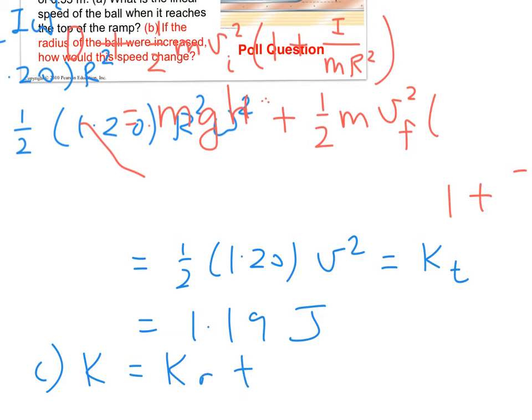They'll tell you it's 2/5 m r squared. So essentially, if you put this in, this factor becomes 2/5 m r squared over m r squared. You will get 2/5, and that is the same for both sides of the equation. So you end up with 1/2 m v initial squared. 1 plus 2/5 is 7/5.